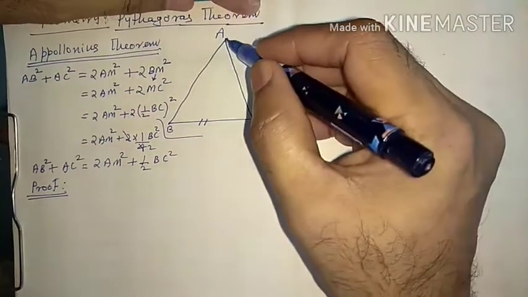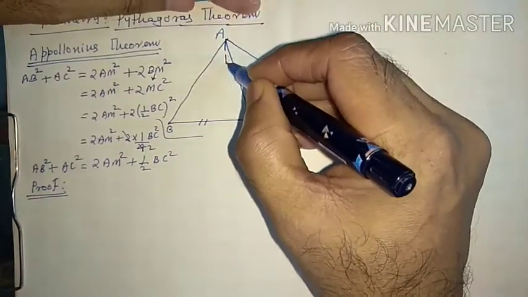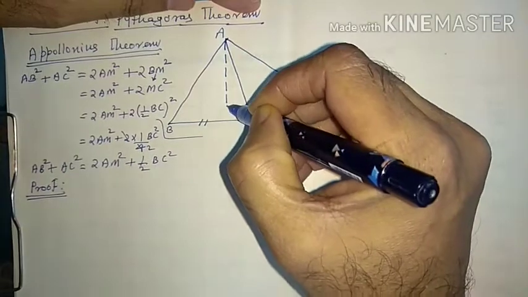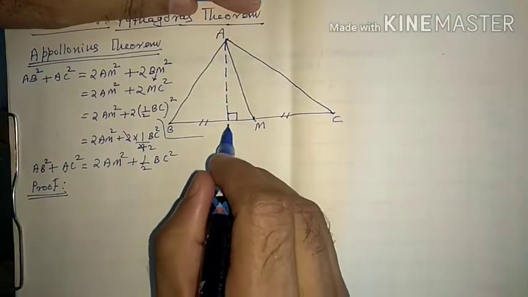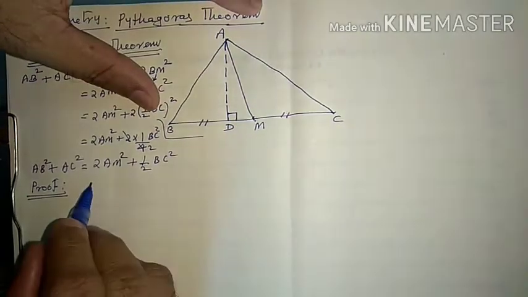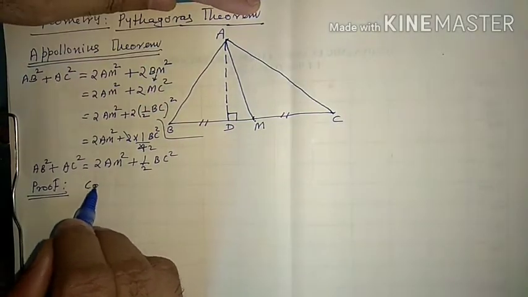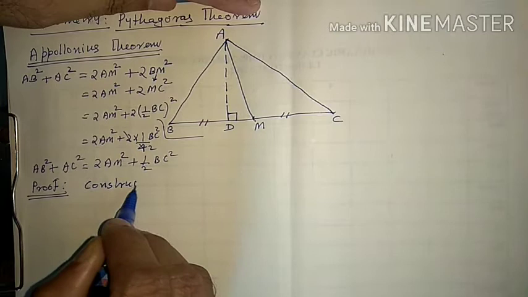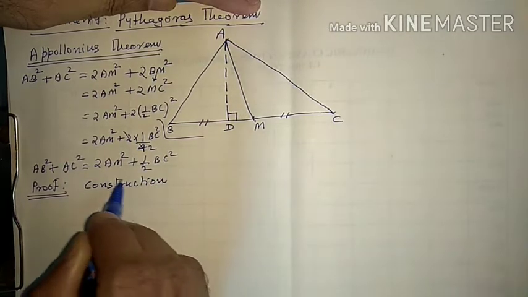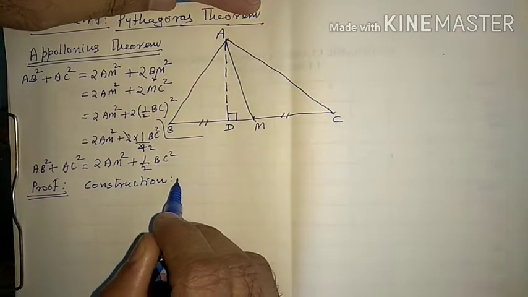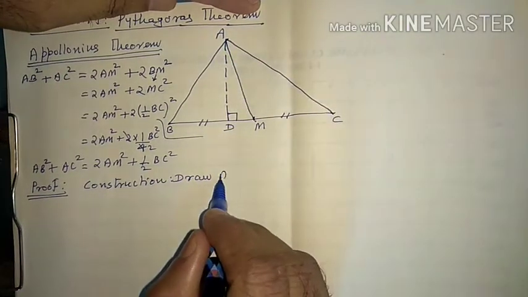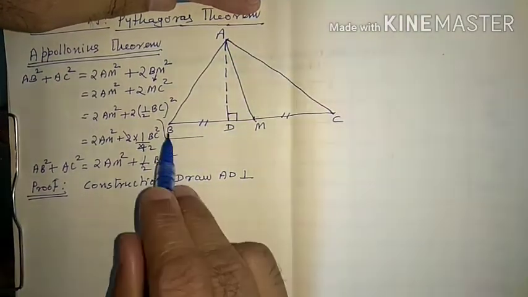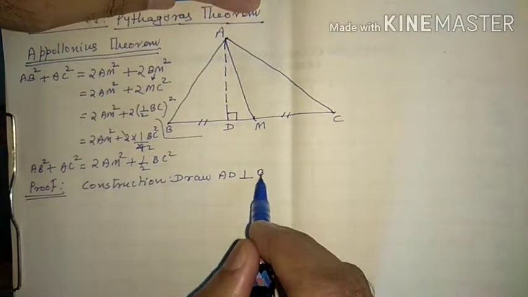Here we draw a perpendicular from A. We consider that point D. Here, construction. Construction is what? Draw AD perpendicular to BC.